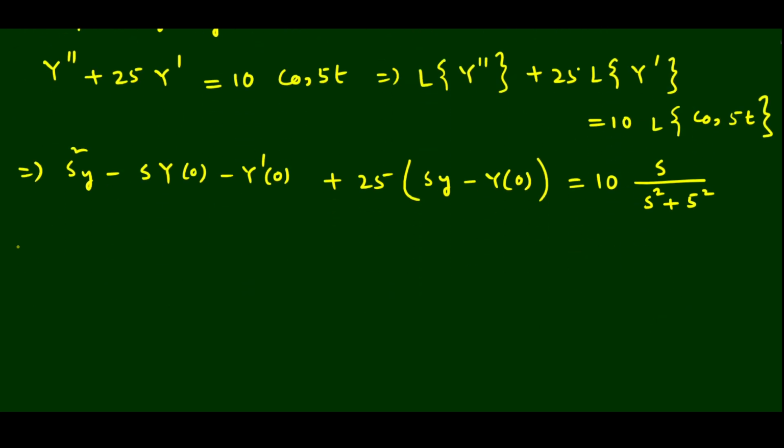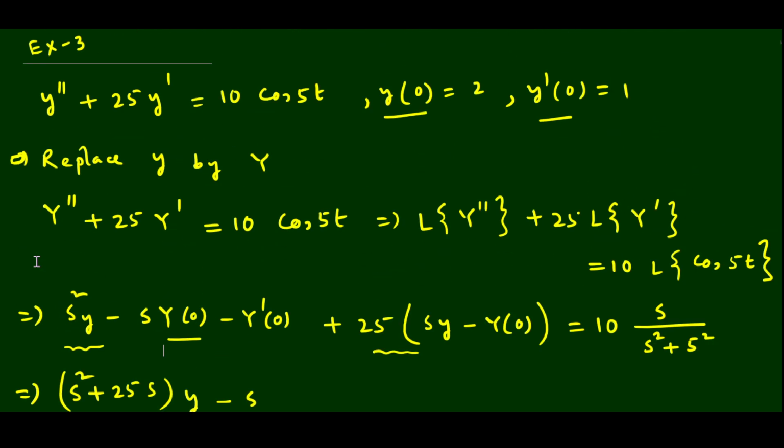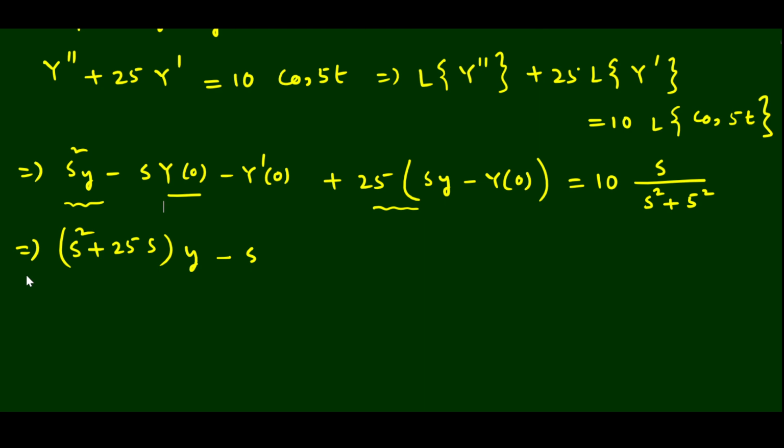Now we take Y common. Here we have one s square and here also we have 25s, so it is s square plus 25s whole into Y. Then minus s into y of 0; y of 0 is 2, so that we have to put here.